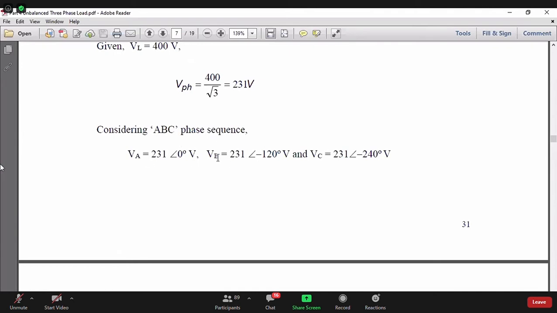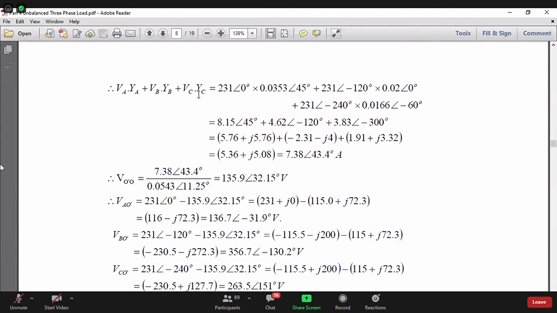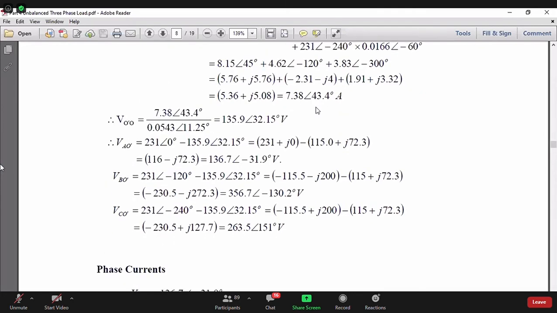A followed by B followed by C. So A is 0, B is minus 120, C is minus 240. So then I write the numerator and we do the algebra. Then neutral shift is straight away this divided by that previous one, that means YA plus YB plus YC.